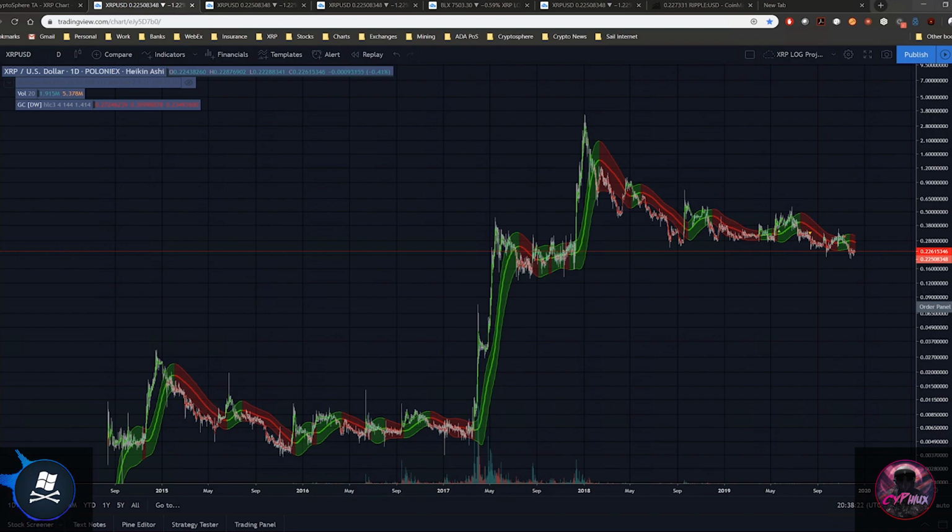So as before, I did say that the golden crosses and the death crosses never really have much of an impact on XRP's price movement, even on a daily chart, even on the weekly chart. I've already proven that. So if you want to see that, you can look at the Walk Through the Desert video, and that's where it will be provided if you're interested. Here, we're beyond this.